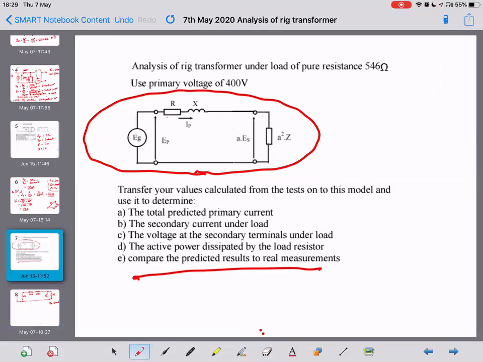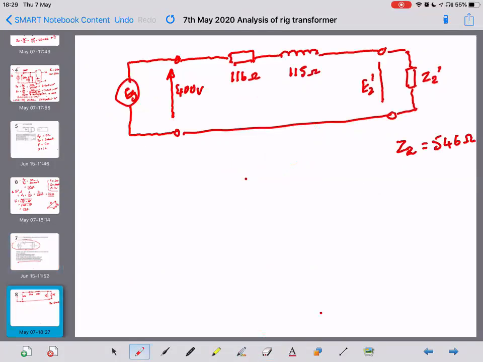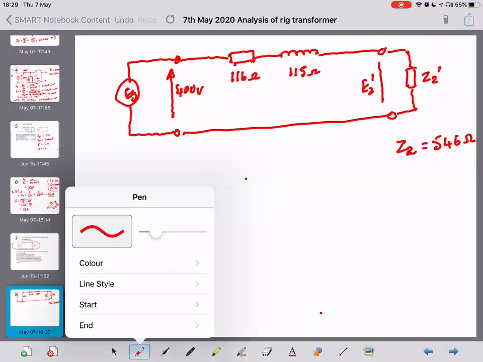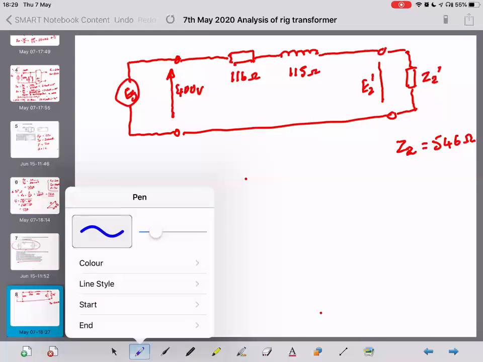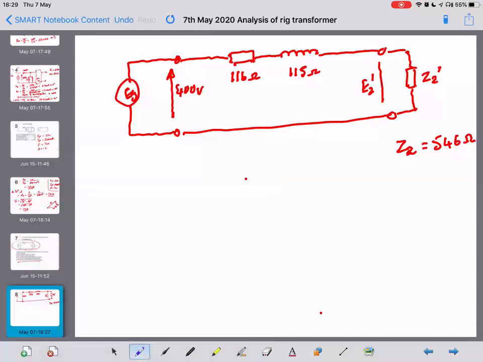And then we want to work out Z2 dash, don't we?